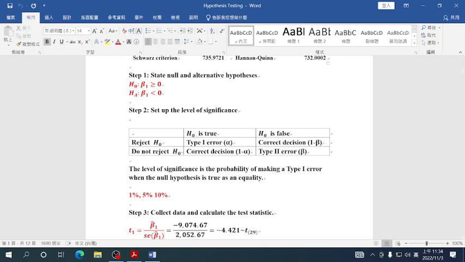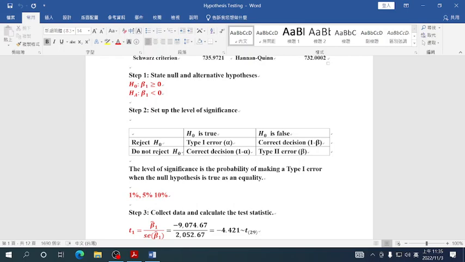So check with the critical value first. Look at the tables and check with 5% and tell me what is the critical value. Remember, this is one-sided. Okay, so when you check the table, you have to look at one-sided, right?